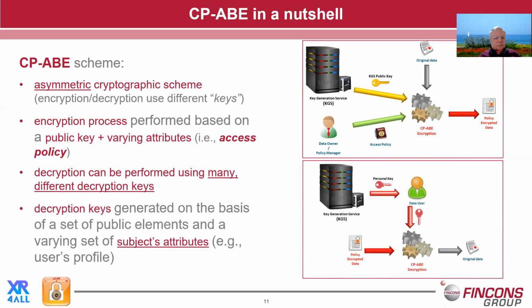The decryption process can be performed using different decryption keys. Each user has their own key, and the key is generated based on attributes associated to the user, for example, attributes in the user profile. So if these attributes satisfy the conditions stated in the encryption policy, then the decryption process will succeed, otherwise it will fail.